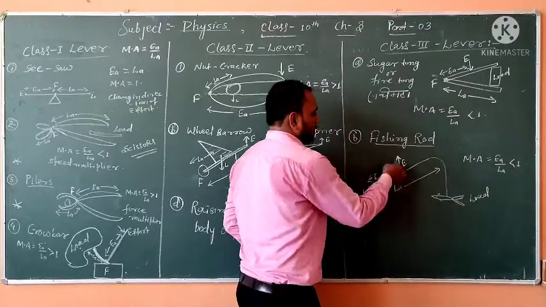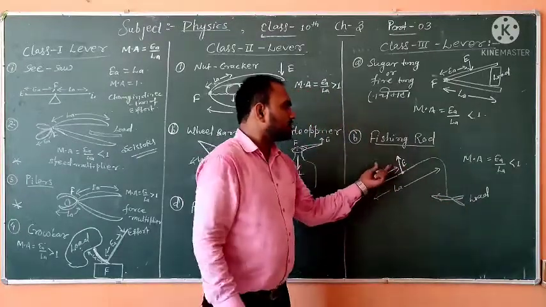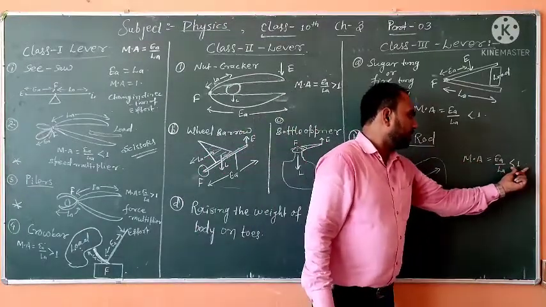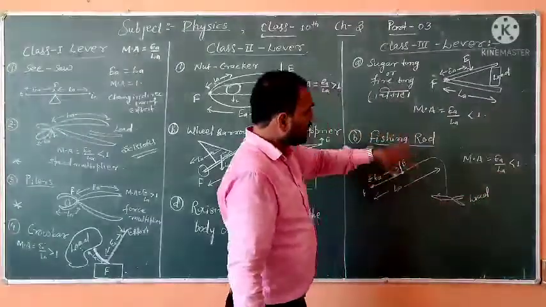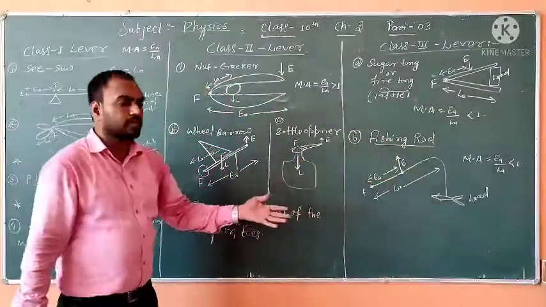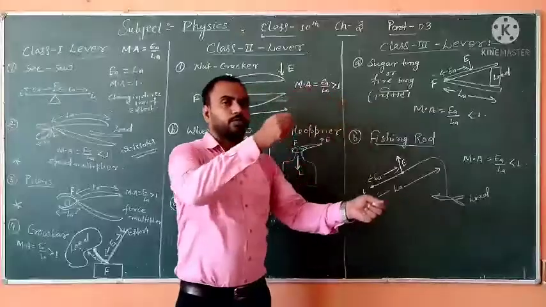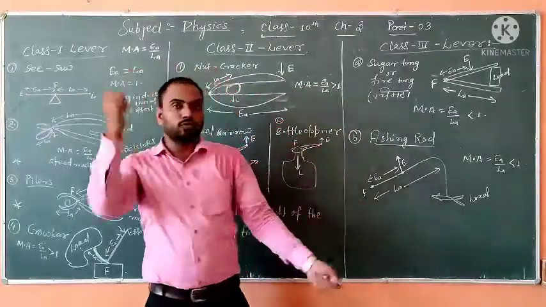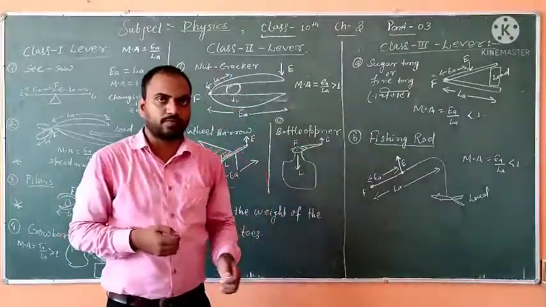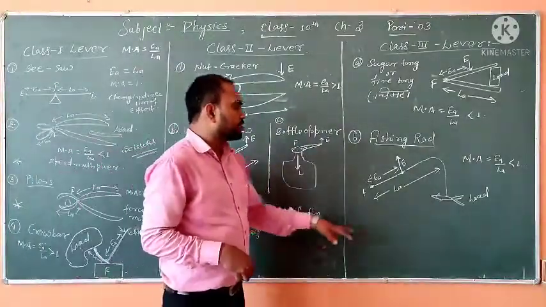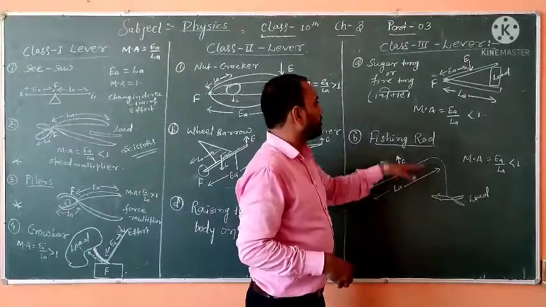So the load arm is greater than the effort arm, and the mechanical advantage is less than 1. So it will act as a speed multiplier. In a hurry, when you find that a fish has been caught, you quickly draw the fish from the water. That's why it is a speed multiplier.